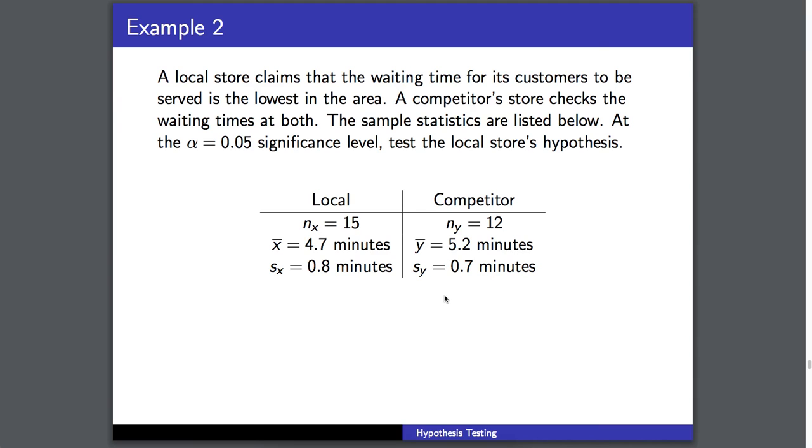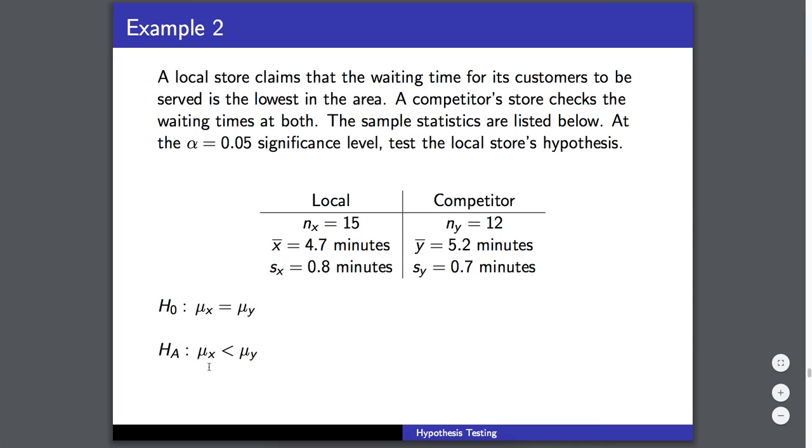So the local store claims its waiting time to be served is the lowest in the area. The competitor store checks the waiting times of both. So our null hypothesis is that the wait times are equal to each other. For our alternative hypothesis, the local store says its time is less than the competitor.